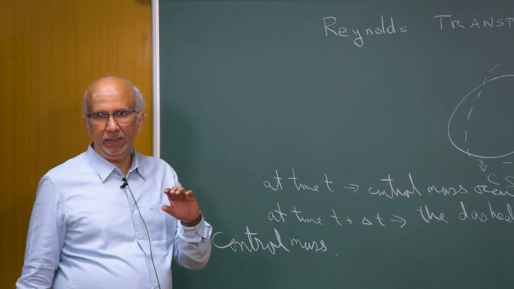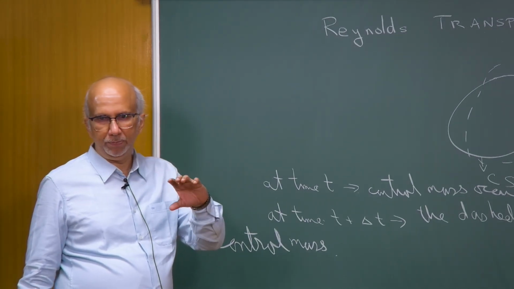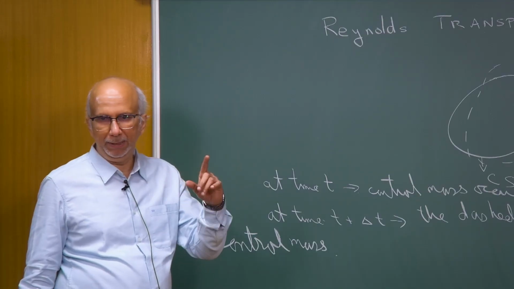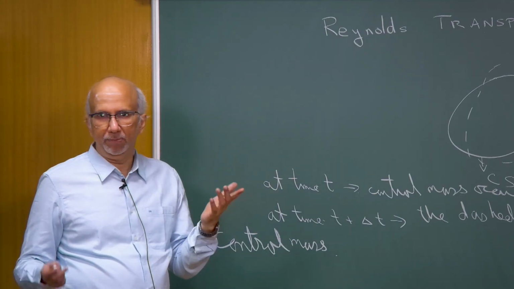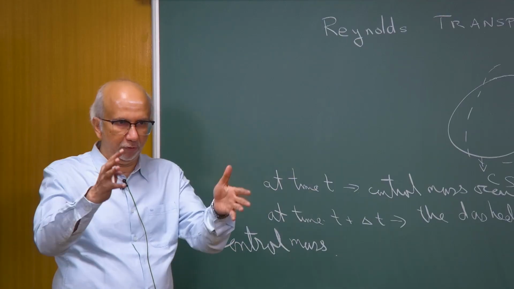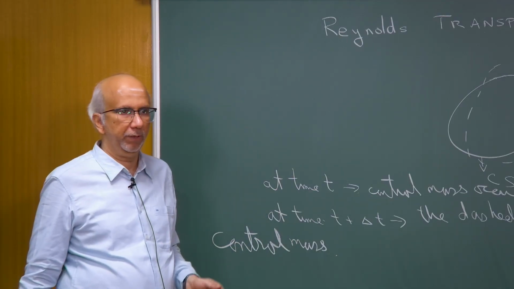So, at time t, control mass occupies the solid oval, at time t plus delta t, it occupies the dashed oval. Mass is all those molecules, all the particles which we are focusing on, okay.